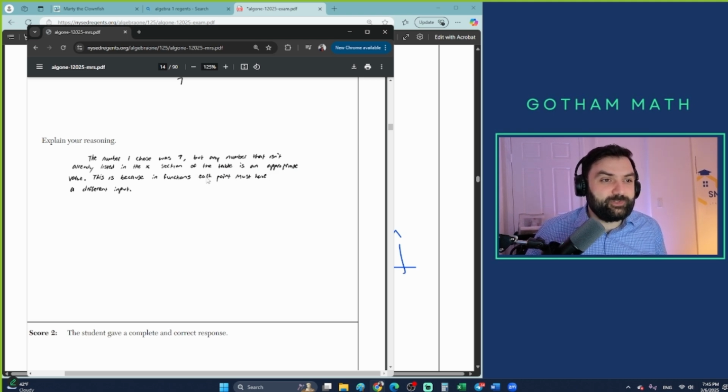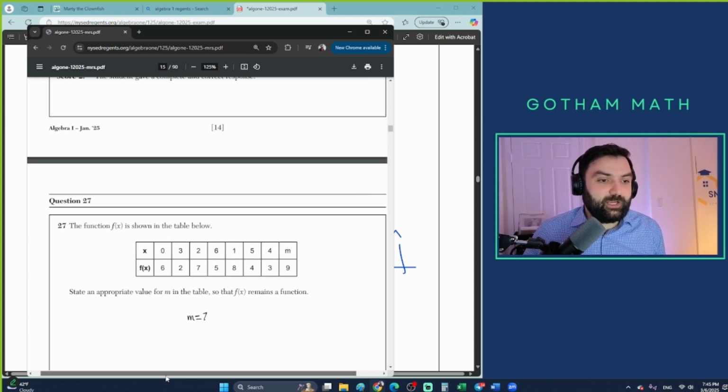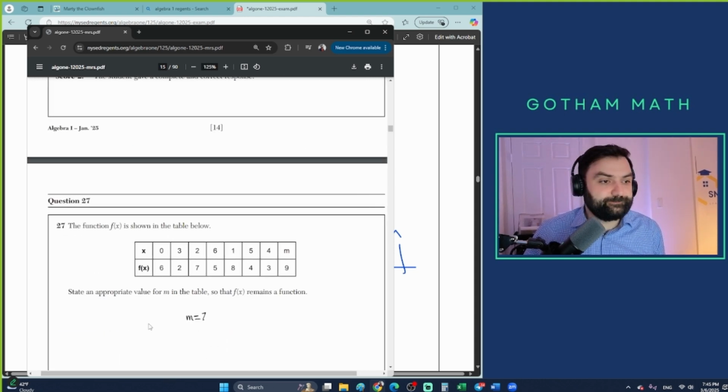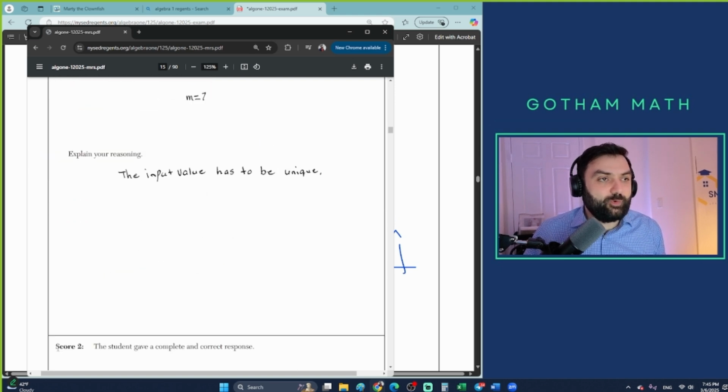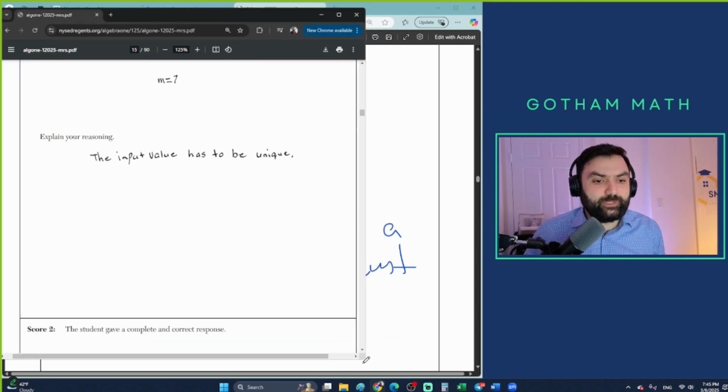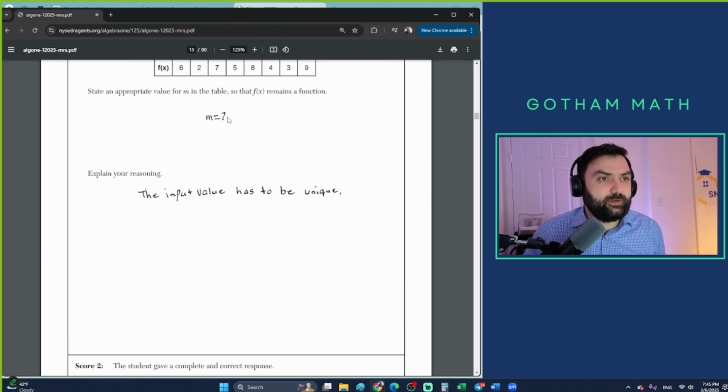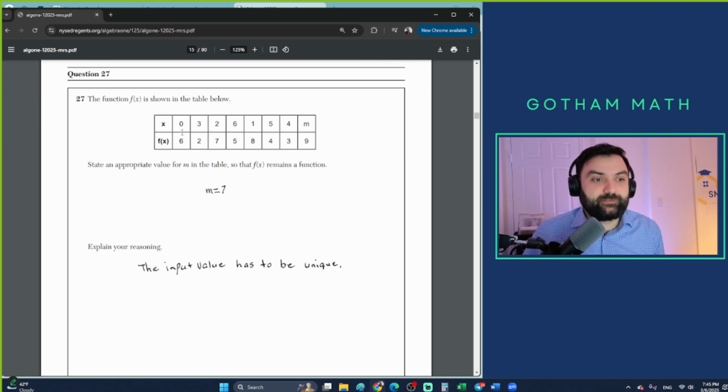This is because functions must have a different input. That's exactly what I just said, and it makes total sense. Another score 2 is also 7, and it says the input value has to be unique. Very short and very correct. The input, which is the x value, has to be unique. Unique means not repeated.